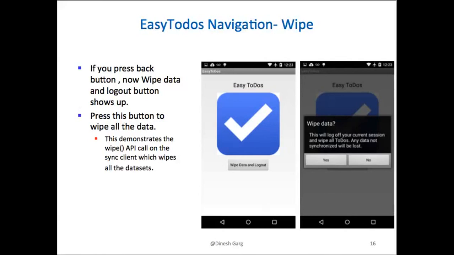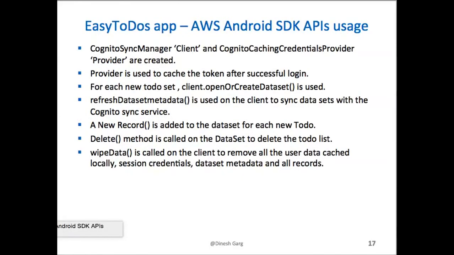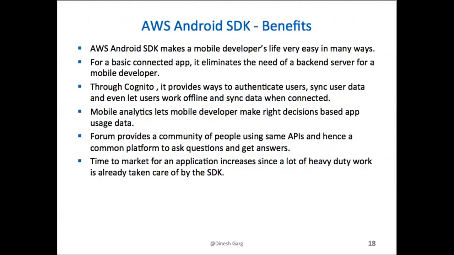Basically, we just had to create an identity pool, create a Facebook login app, and then use the necessary APIs on the client side to be able to utilize that. No backend server required again. Okay, so that's about the whole application. Here I'm just talking a little bit more in detail about the specific APIs that are being used.